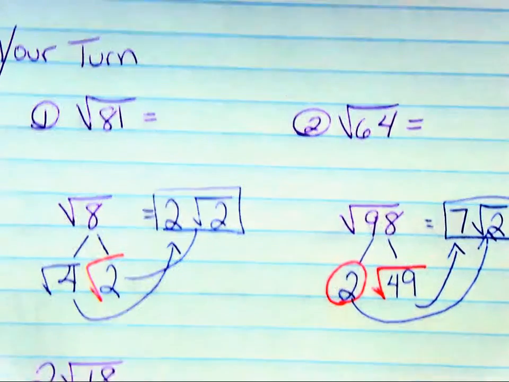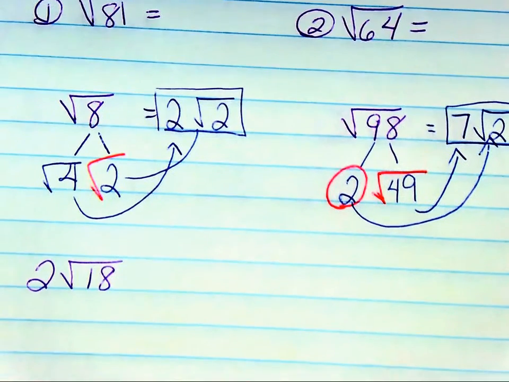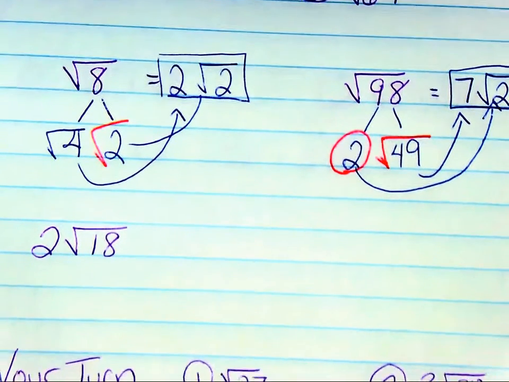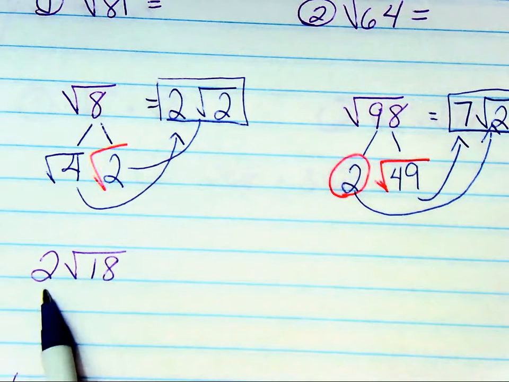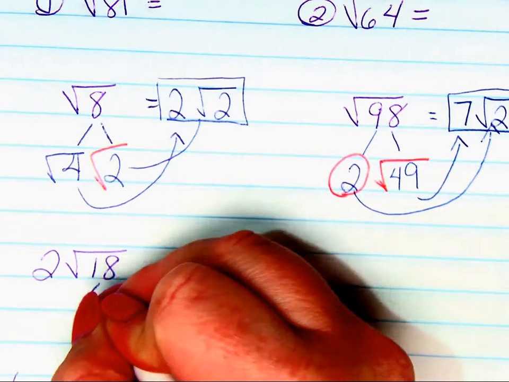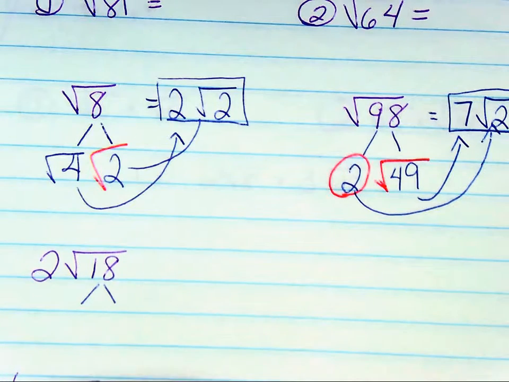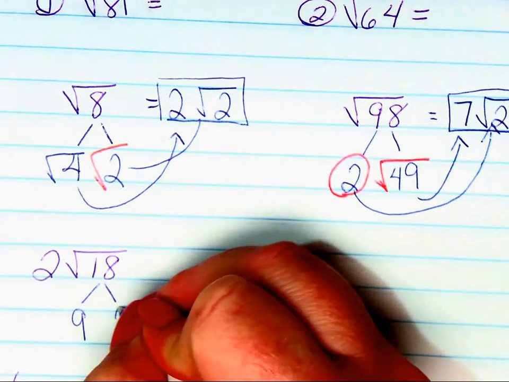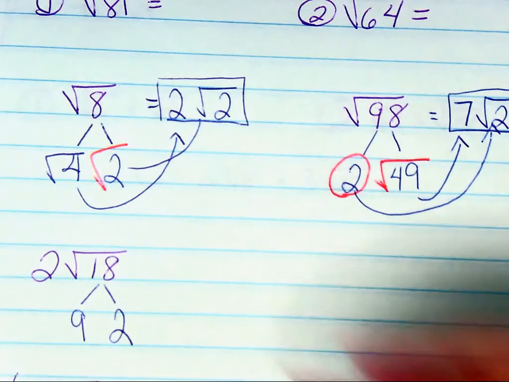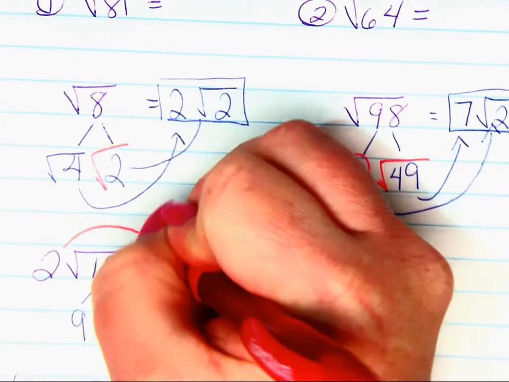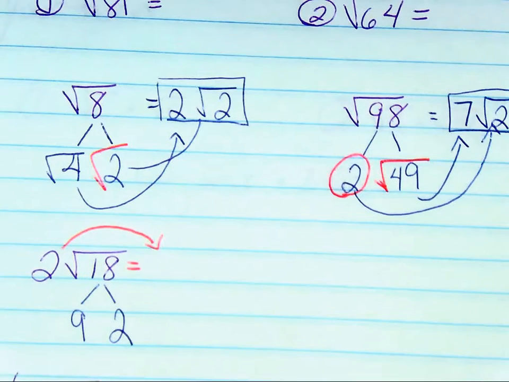Sometimes we can have a problem that has a radical with a coefficient. In this case, when there's a radical with a coefficient, the coefficient stays and I simplify the radical. Well, the square root of 18 can be simplified into 9 times 2. This 2 that is right here gets brought over.